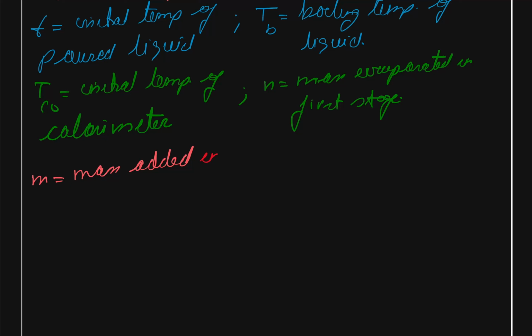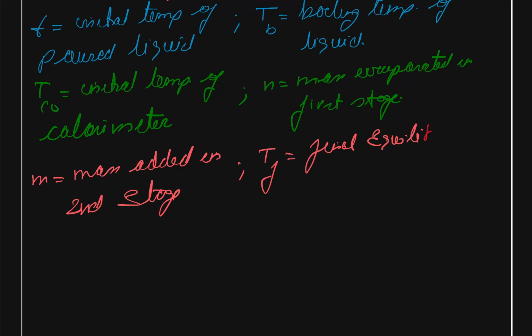Capital TF is the final equilibrium temperature after the second addition, that is, the second stage. In this case, all temperatures are in degrees centigrade and masses are in grams, as per the given question.